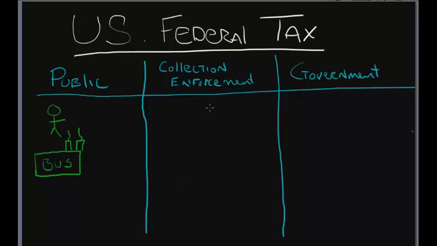So the second one in line is collection and enforcement. And we're going to divide this into two sides. So we have the collection side, and then we have the enforcement side. Okay? Then the final thing is going to be our United States government. And the government, of course, is made up of three branches.